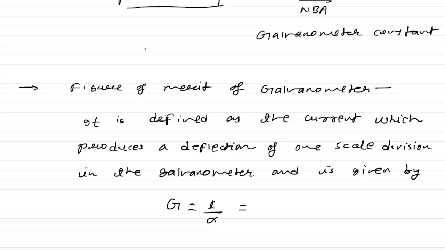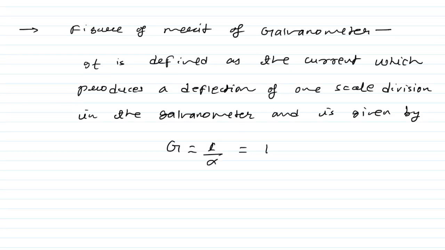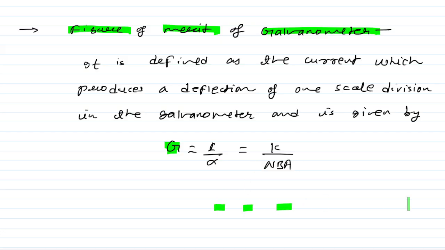We know I upon alpha is G, and from this equation I upon alpha is K by NBA. So this factor G we call the figure of merit of the galvanometer. This is a very important result. In the next video we'll discuss sensitivity. So in this video this much only.